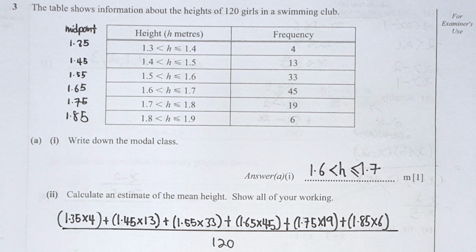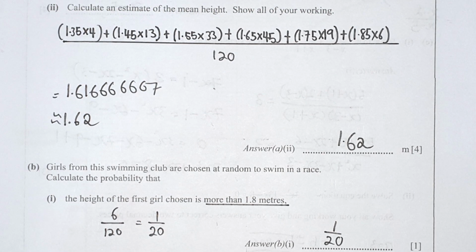So it is 1.35, 1.45, 1.55, 1.65, 1.75, and 1.85 respectively. You multiply it by its respective frequency, then divide by the total given by the sentence, 120 girls. You get your mean height as 1.62 after correcting it to 3 significant figures.